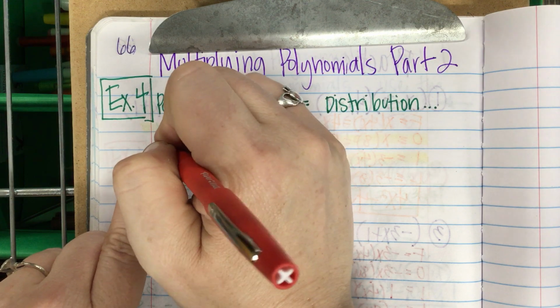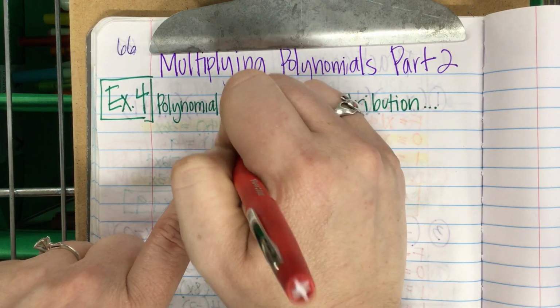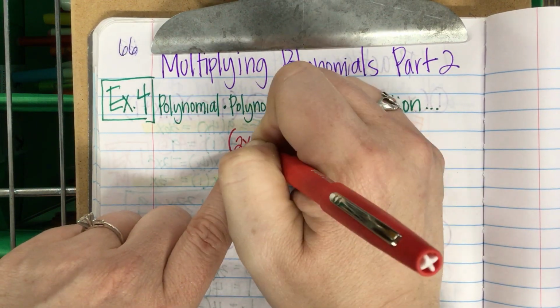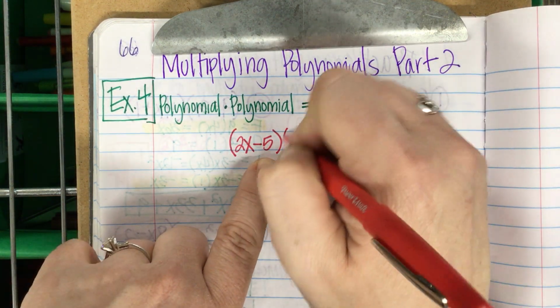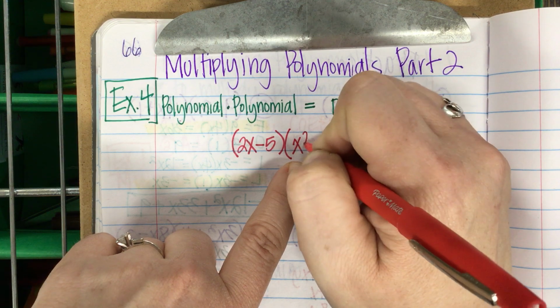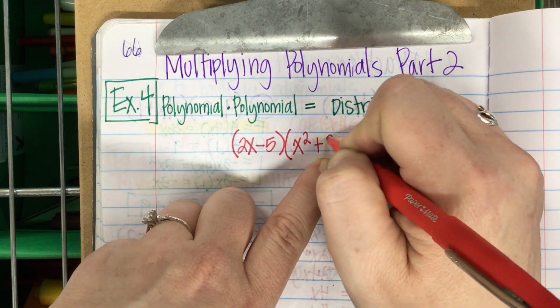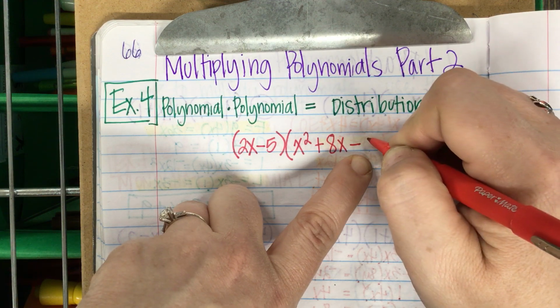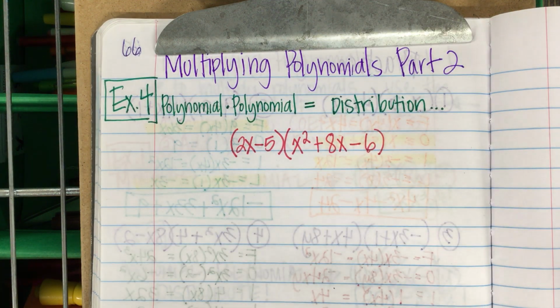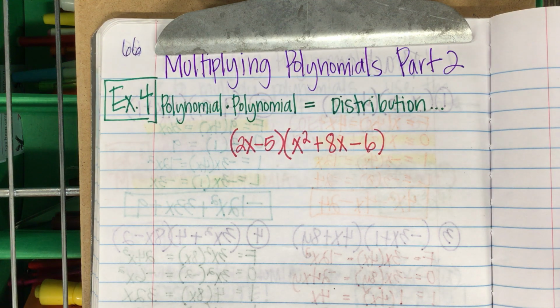So if I give you the polynomial 2x minus 5, so it's a binomial times a trinomial. A binomial times a trinomial.